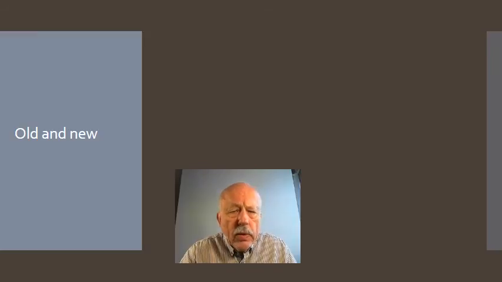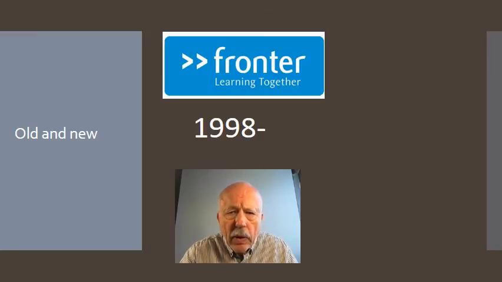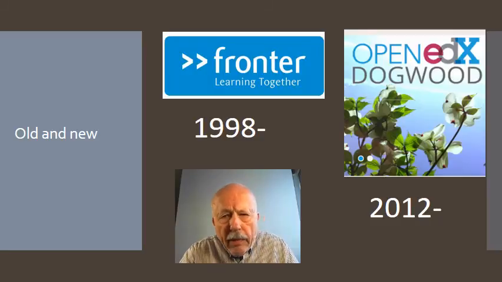My university has used Fronter for many years, but has decided to use Open edX for its online courses. This platform was designed by MIT and Harvard and launched in 2012. The platform is open source, very flexible, and has the support of many universities throughout the world.